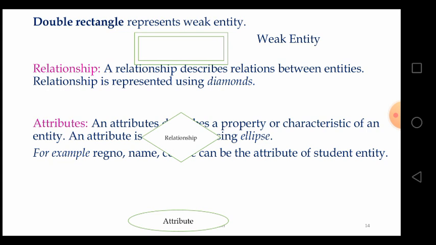Next, attributes. An attribute describes a property or characteristic of an entity. An attribute is represented using an ellipse. For example, register number, name, course can be attributes of the student entity.